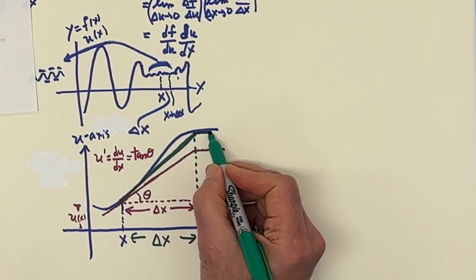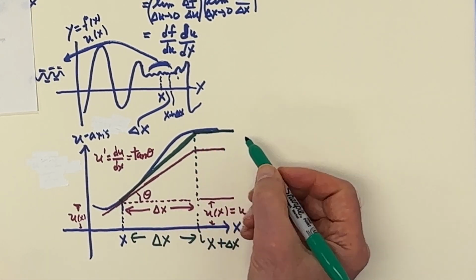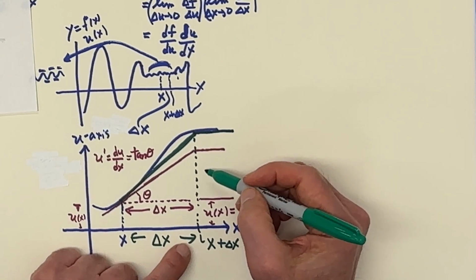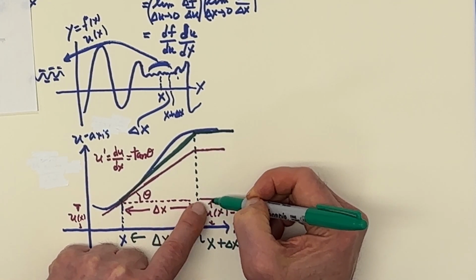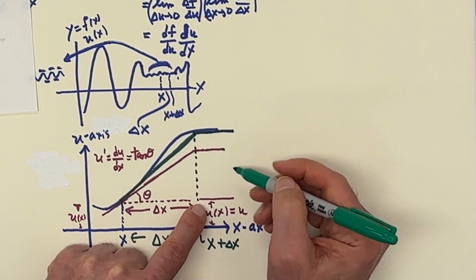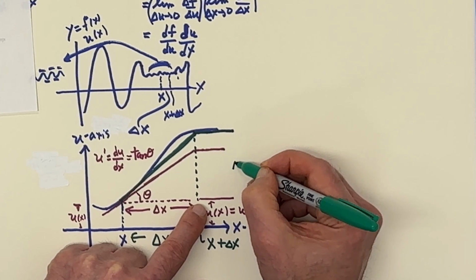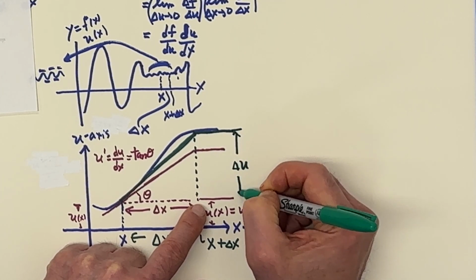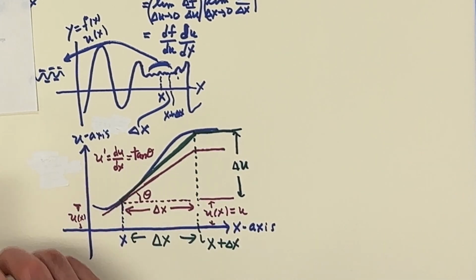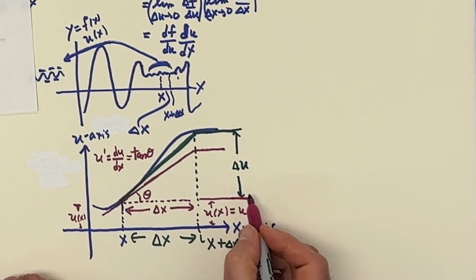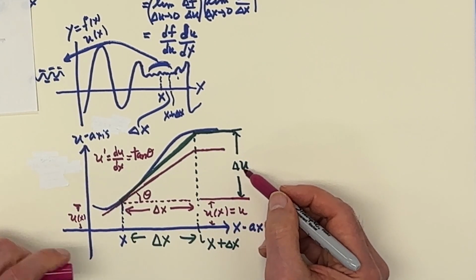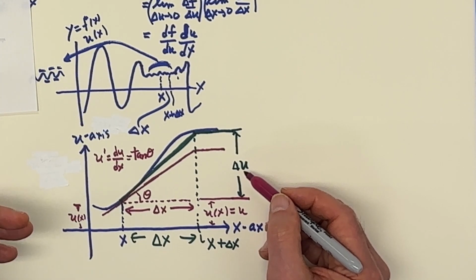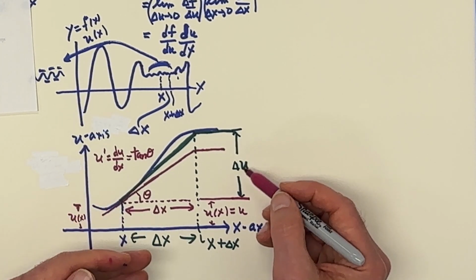Go ahead and draw another line out here. Now, if we go from here way up to the top, that's going to be delta u. And then I'll be interested in taking the limit as delta x goes to 0.